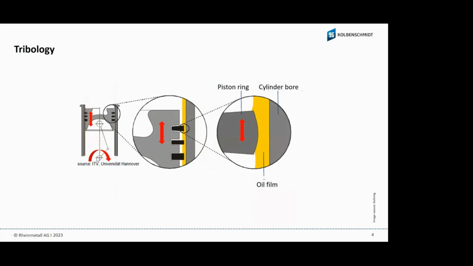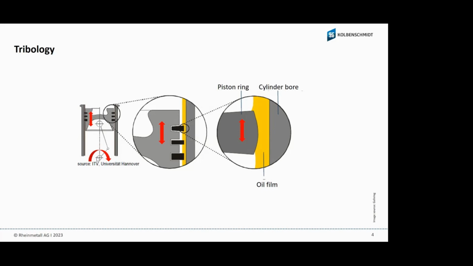the tribology. Here we see again the piston moving up and down, and the piston ring in the middle of the slide. The yellow area is the oil, and between the piston ring and the surface of the cylinder bore we have the oil film. The oil film must be between the piston rings and the surface of the cylinder bore.